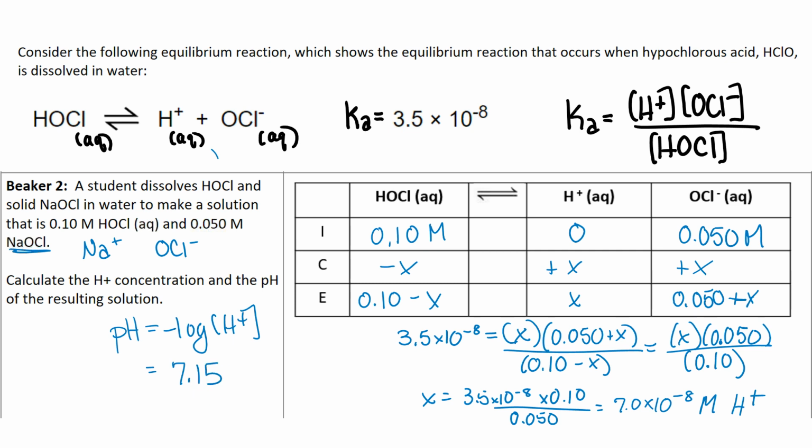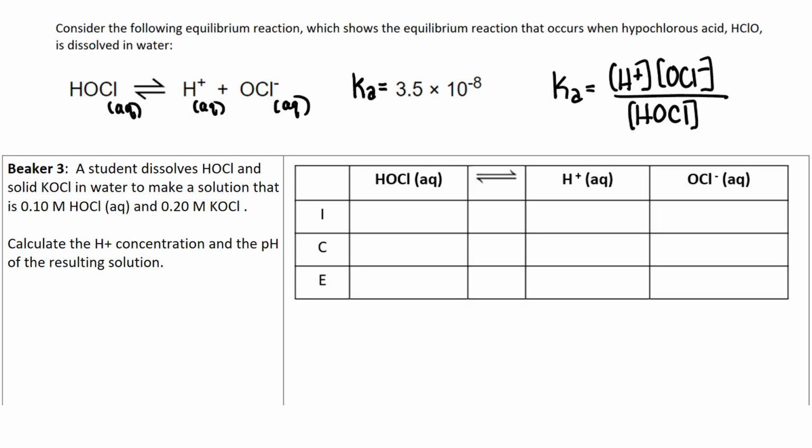So notice how we saw a pretty big impact on my amount of hydrogen ions that form and my resulting pH. Because if we look back at the previous one, my pH was 4, and now my pH is 7. So we're seeing a pretty big impact here. So let's look at one more example. We're looking at HOCl again, but a slightly different scenario.